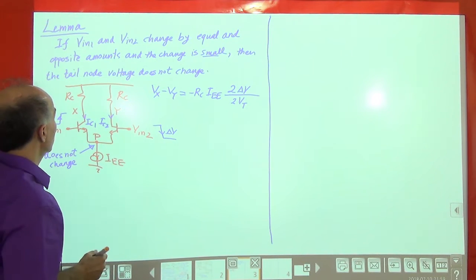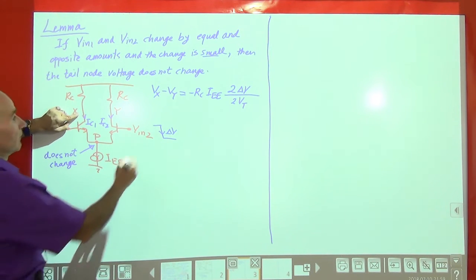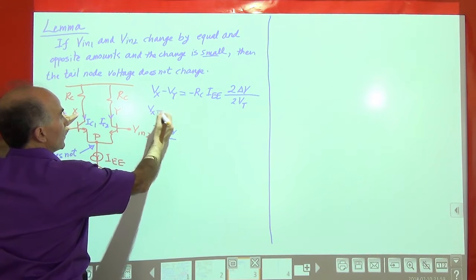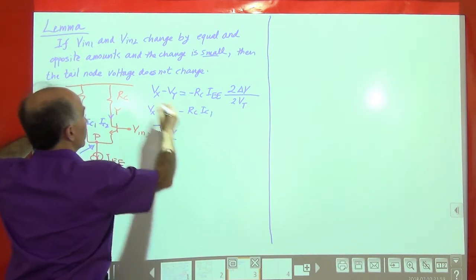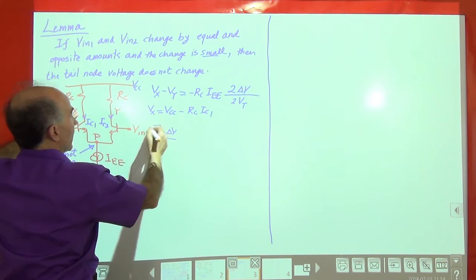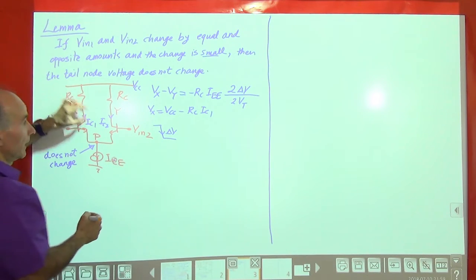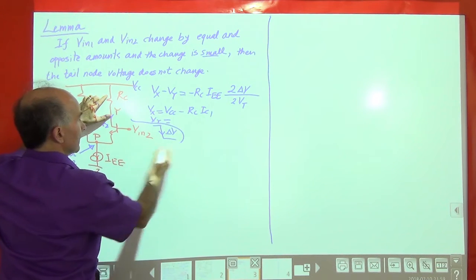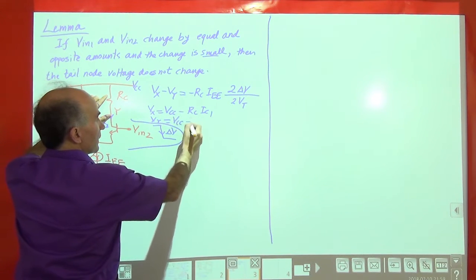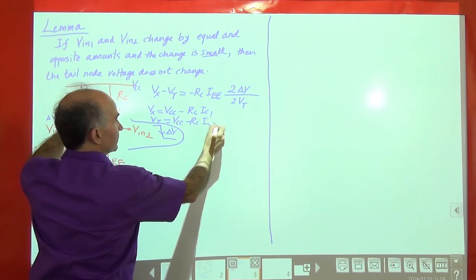Why? Because I know that Vx is equal to VCC minus RC IC1. This is VCC, and this voltage minus this drop. Similarly Vy equals VCC minus RC IC2.